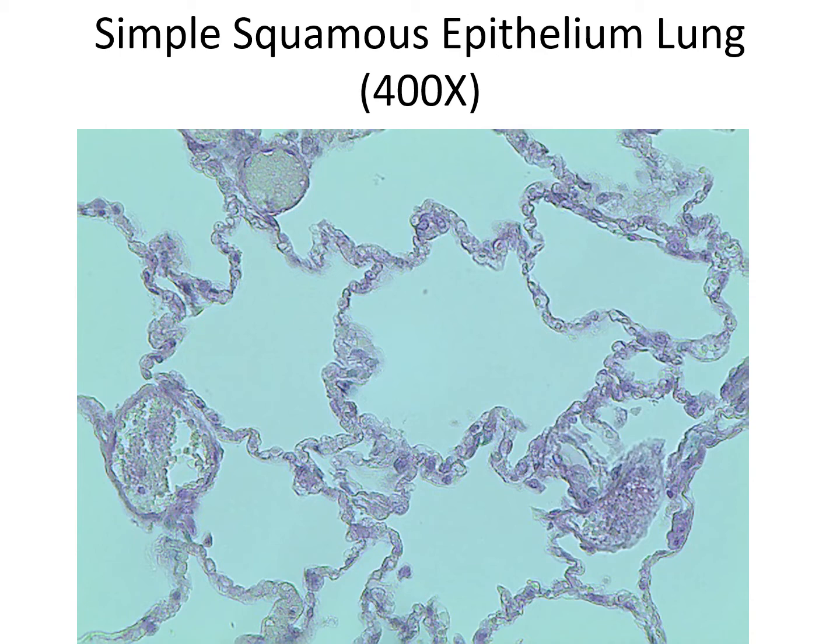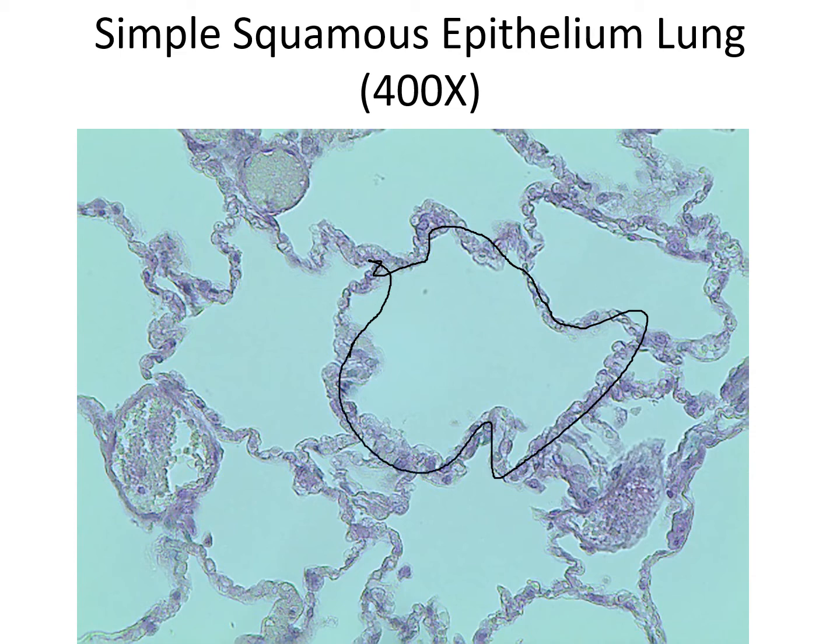Okay, so here, the first picture, you see simple squamous epithelium lining the air sacs or alveoli of the lungs. So the important feature of this tissue is one layer of cells over here. Right, so here we have one layer of cells.